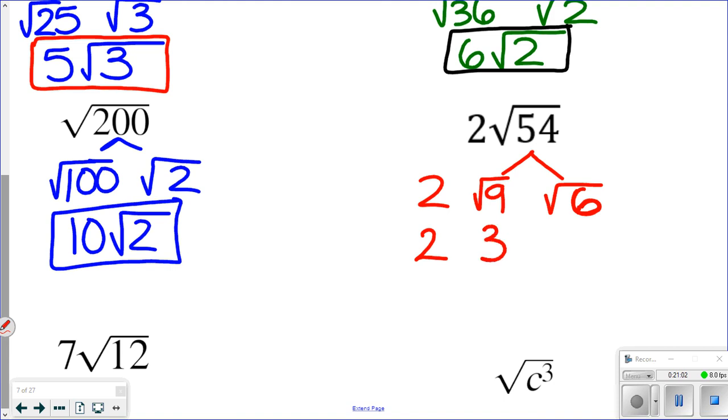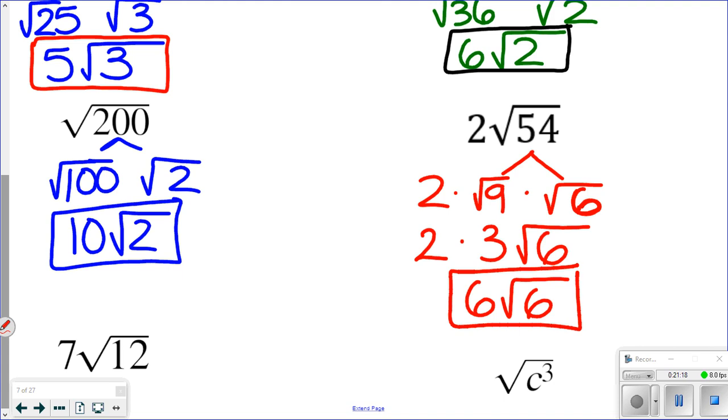That's 3. Leave the leftover underneath. But now let's take this a step further. All of these are being multiplied together. So 2 times 3 is 6. So 6 square root 6 is our final answer.